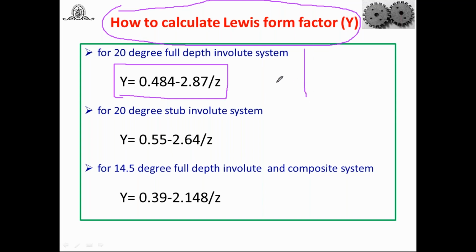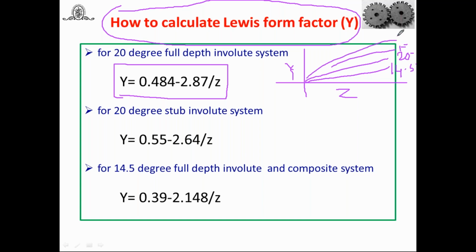Again, here, you know, the earlier graph: Z, then Lewis form factor, then here the line for 14.5, then another line for 20-degree stub involute or 20-degree full depth involute or 25-degree, likewise. And again here, as the Z increases and pressure angle increases, Y increases. So here the mathematical equations of these lines are written.